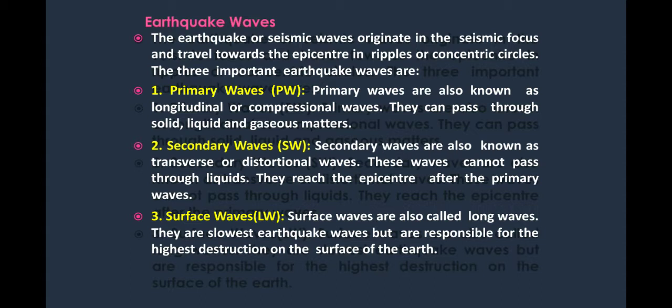So they reach the earth very quickly. Secondary waves are also known as transverse waves. These waves cannot pass through liquids. So they reach the epicenter after the primary waves, because if liquid is there, they stop there only. Surface waves are also called long waves. They are the slowest earthquake waves but are responsible for the highest destruction on the surface of the earth. So, only you should know them.